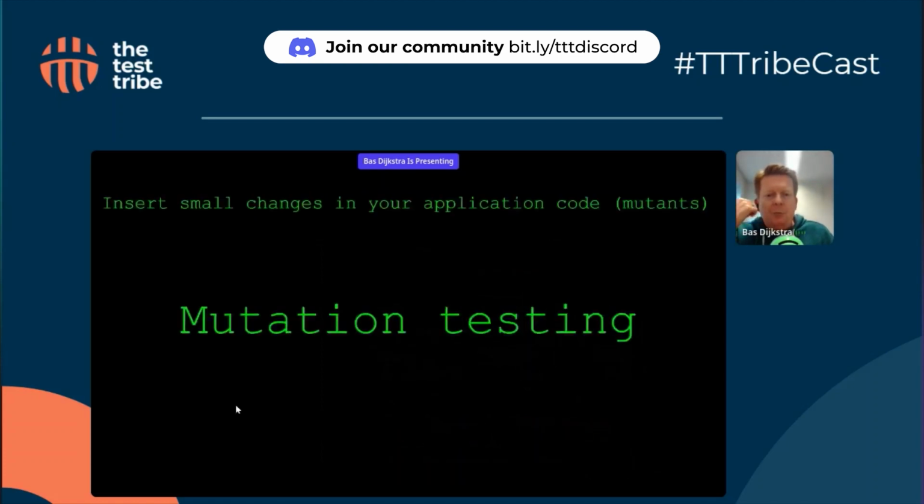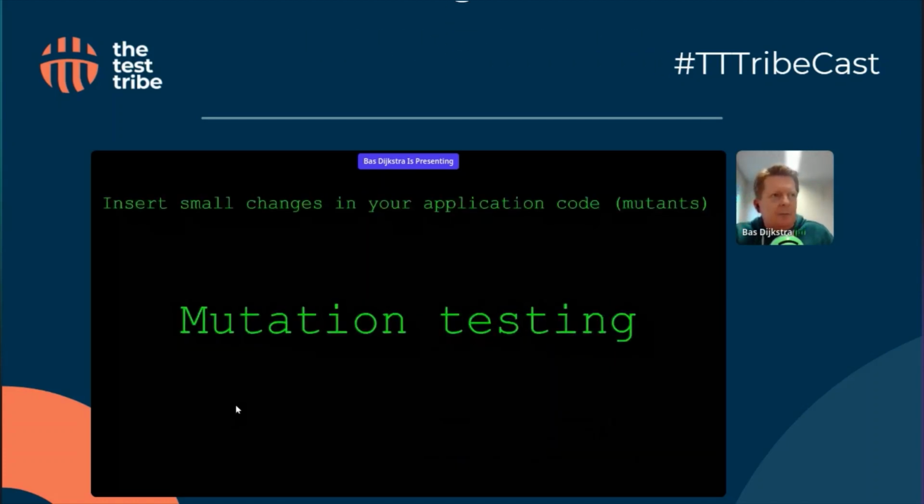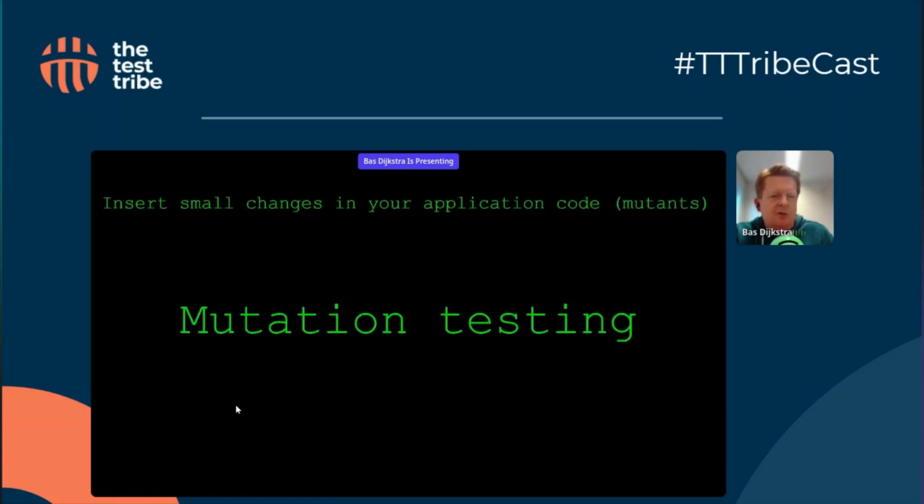The way mutation testing works is it inserts small changes into your application code. So it makes deliberate changes in the source code of your system. These small changes are referred to as mutants, hence mutation testing.